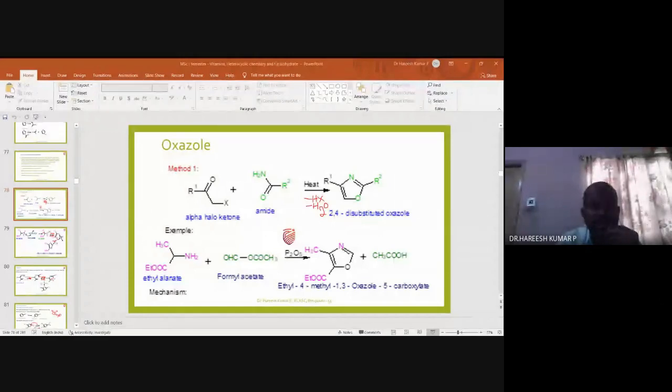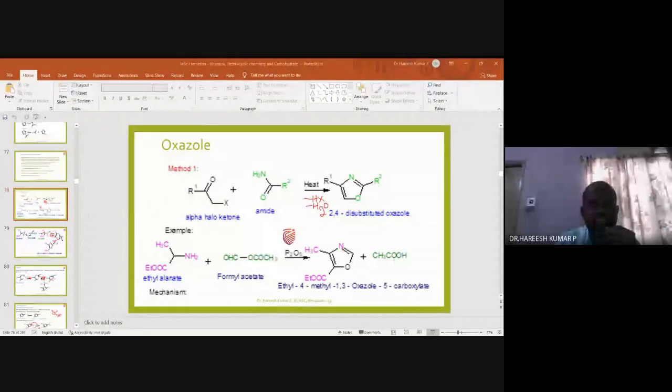Since this carbon is attached to halogen and to the ketonic group, this carbon is what you call an active carbon. The proton present on this carbon is an active proton, so it can be easily removed.